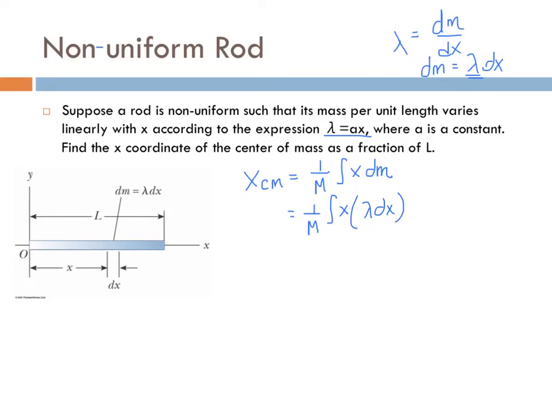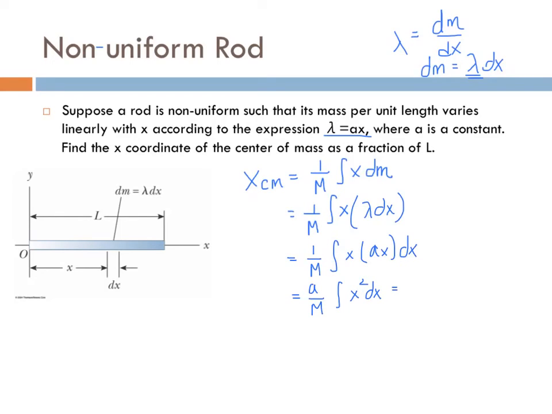And then again, my lambda is not a constant in this case, so we can replace lambda with a times x. And here, a is a constant. So we get a over m times the integral of x squared dx.